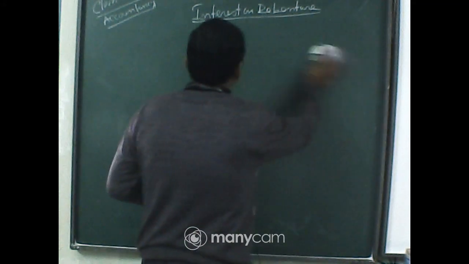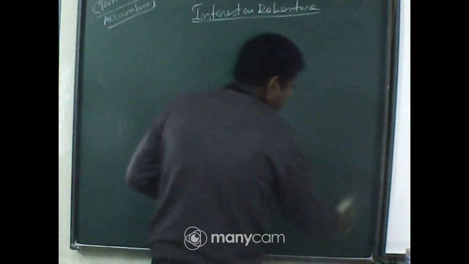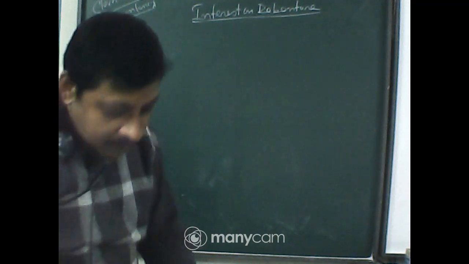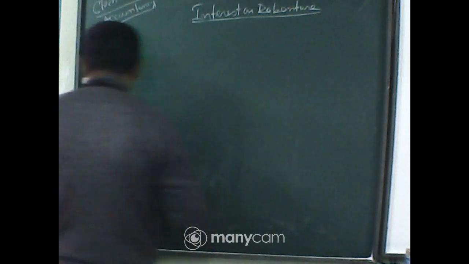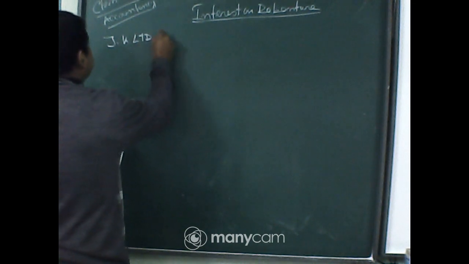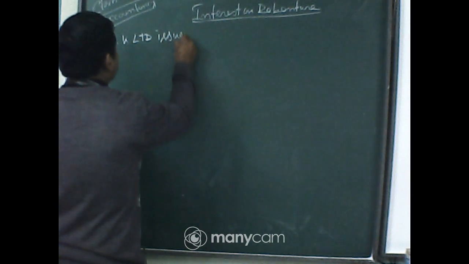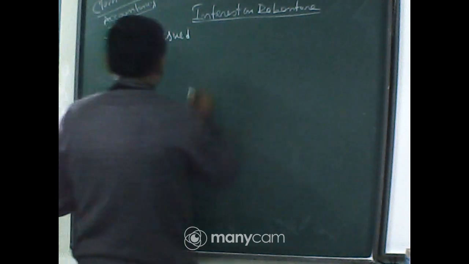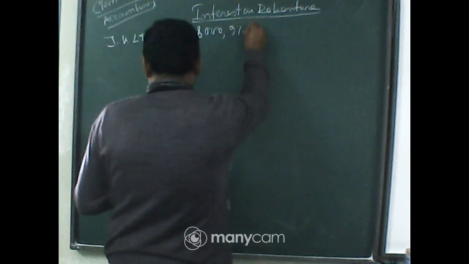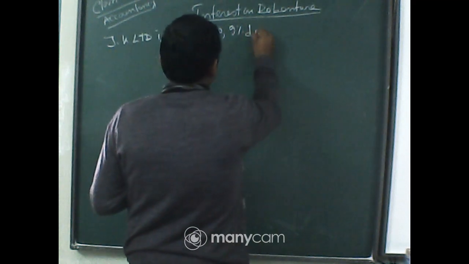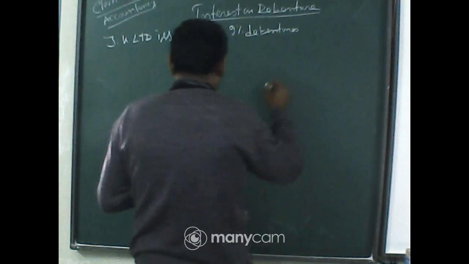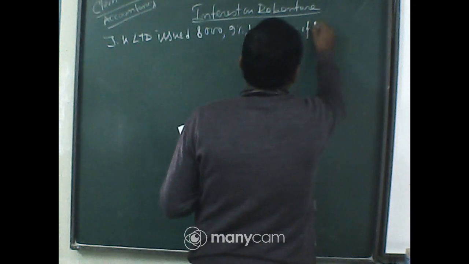Now, suppose take a practical example. Now, JK Limited issued 8,000 9% debentures at rupees 1,000.